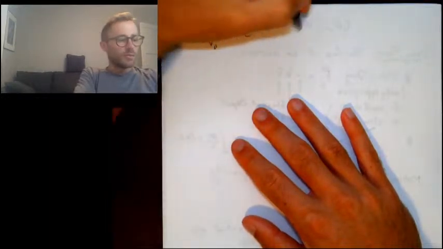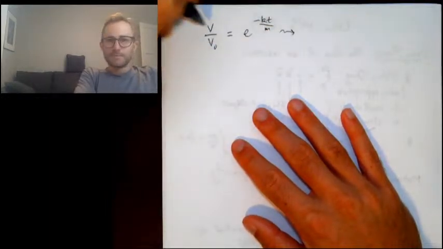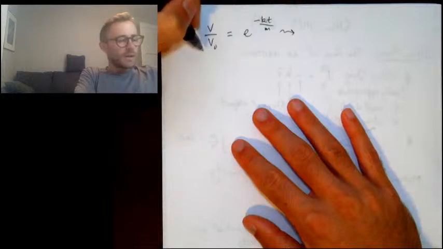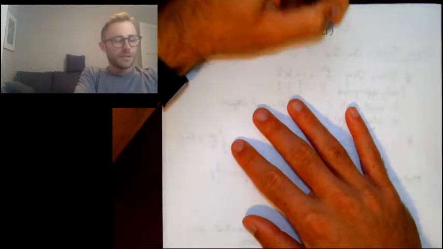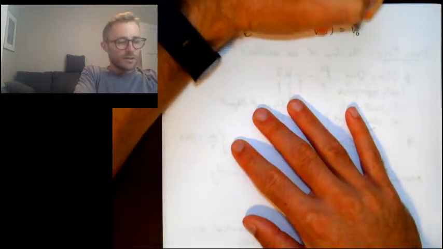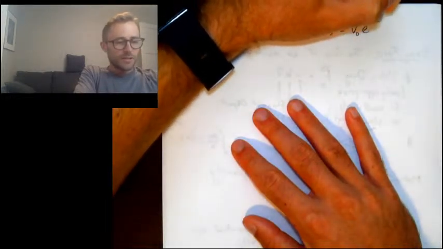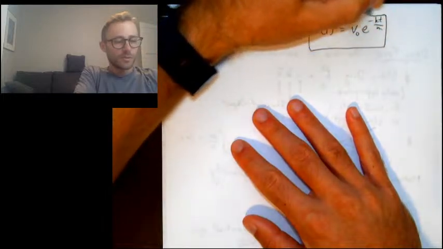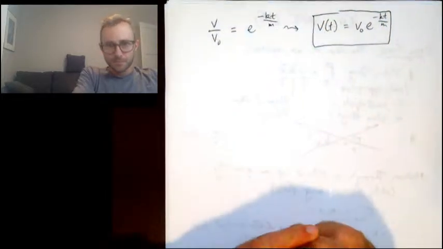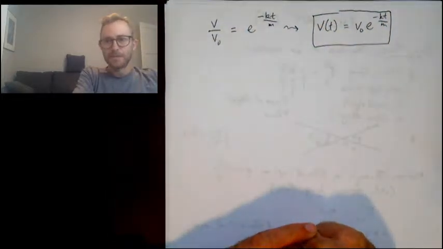And then I multiply both sides by v naught, and I get that v of t equals v naught e to the minus kt over m. So this is the equation that we want to get to. All right.